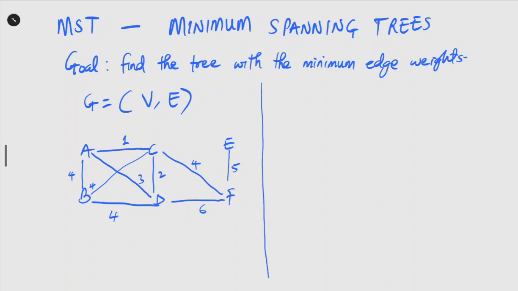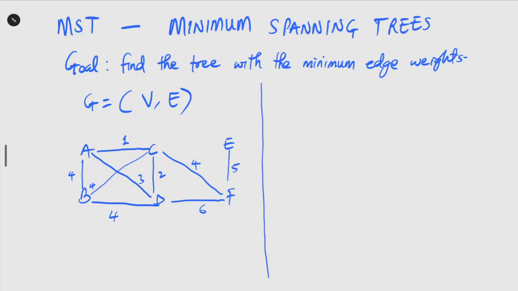Okay, let's compare what you have to what we will have. Like I explained before I gave this graph example, the difference between a graph and a tree is that a graph has cycles and the tree has no cycle.